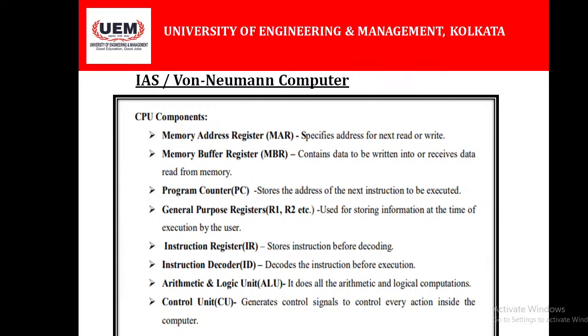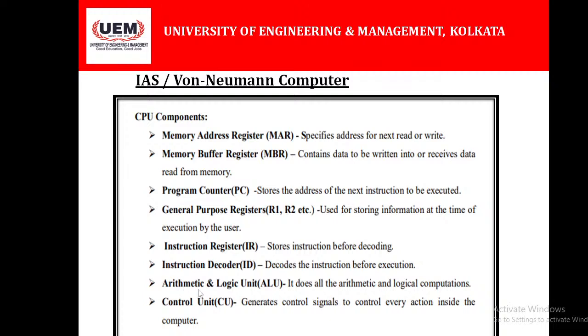Now apart from this, we can see another thing like the instruction register. It stores the instruction before decoding, and the instruction decoder decodes the instruction before execution. So these two things I will come to in the later part of this lecture.